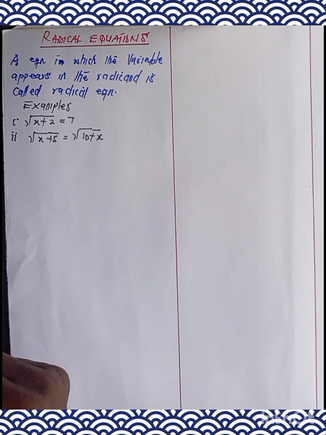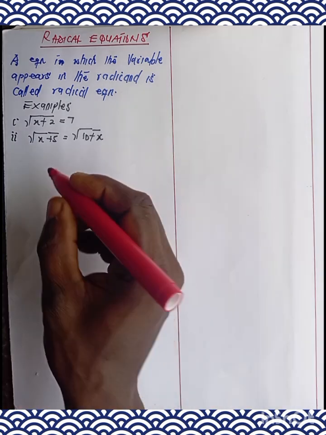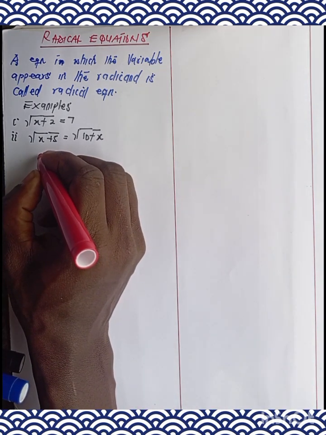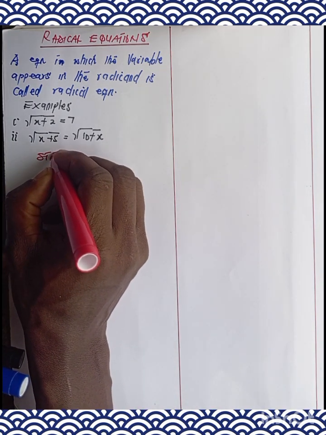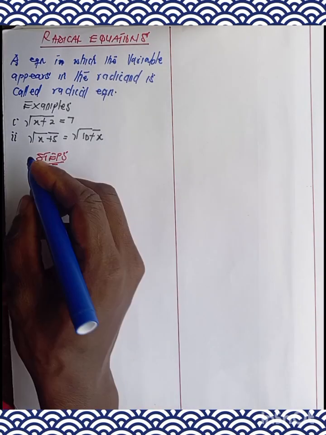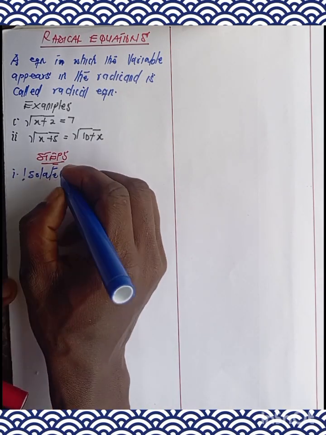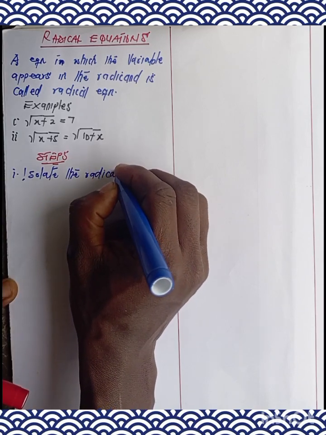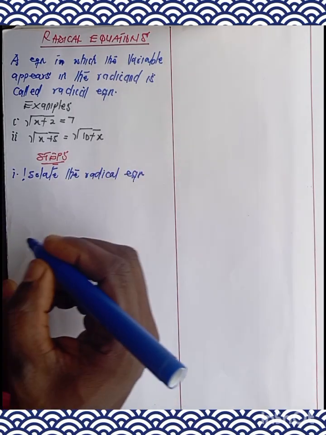Now let's look at the steps involved in solving radical equation. Isolate the radical.